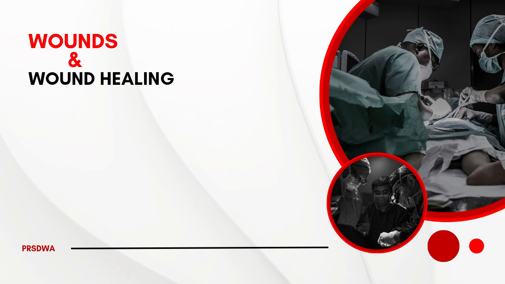Most of the time when we talk about wounds, we refer to skin, anything that will affect skin, subcutaneous tissue, fascia, muscle, bone. But when we talk about damage to the viscera, we talk about injuries. So injury is broader than wounds, and wounds are also broader than an ulcer, in terms of what they contain.